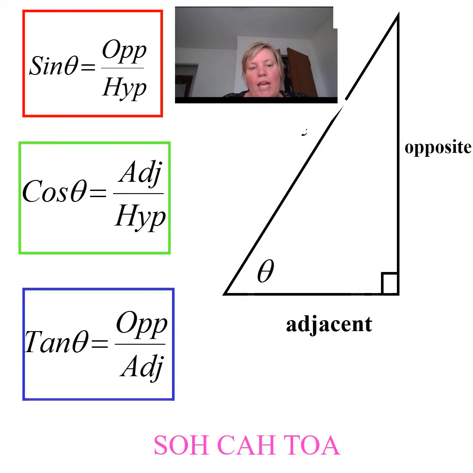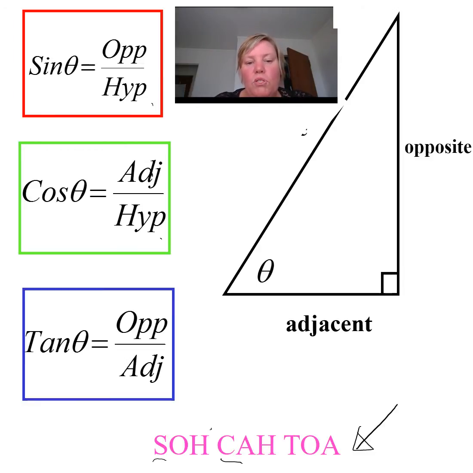Now the way you remember this is this little mnemonic down the bottom, which you might have heard if you've got older brothers or sisters, and it's pronounced soh, cah, toa. It says sine goes with opposite and hypotenuse. Cosine goes with adjacent and hypotenuse. And tan goes with opposite and adjacent.